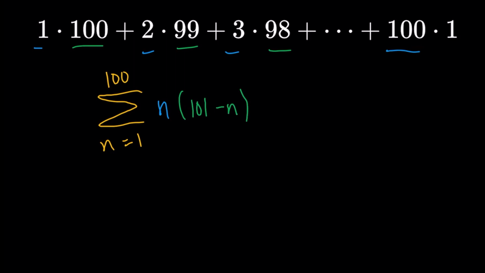Because the numbers go down 1 by 1, it's linear, so we subtract 1 for each succeeding term. If n equals 1, that's 100. If n equals 2, that's 99, then 98, and so on. That's how we represent the sum, and we have a very nice general formula to work with.